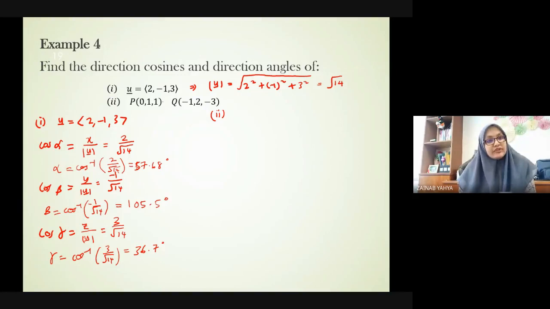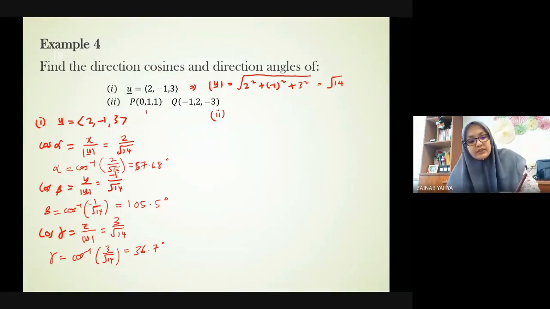Normally we find PQ. It doesn't state whether it's PQ or QP, which one is the initial point and which is the terminal point. So we assume P is the initial point and Q is the terminal point. So we want to find vector PQ.